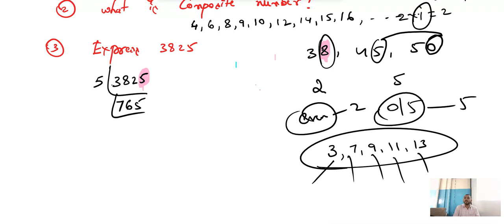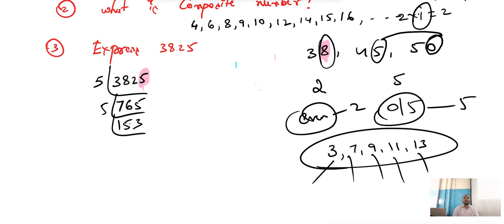Ends with 5, again 5. 5 ones are 5, remainder 2. 26: 5 fives are 25, remainder 1. 5 threes are 15.